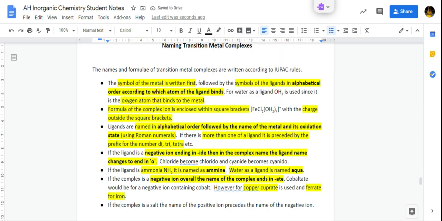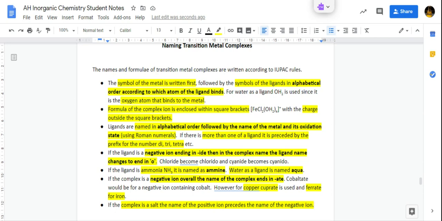If the complex is a salt, so it has both positive and negative ions, just as normal, then the name of the positive ion precedes the name of the negative ion. Now this probably looks highly complex, no joke intended there, but these rules are hard and fast, so they don't change.